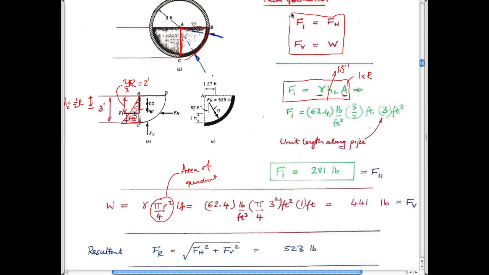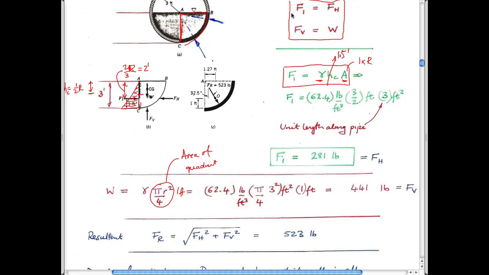And so if we wanted to know the direction at which that acts, we have two force vectors, force horizontal and force vertical, and the resultant of those is just this. And so the resultant is just Pythagoras.